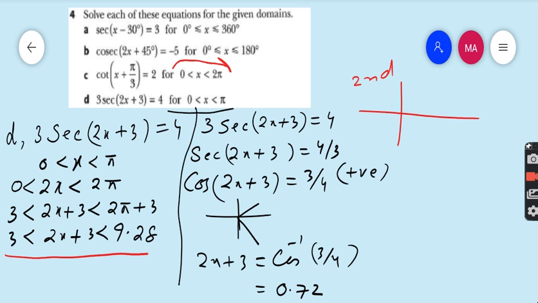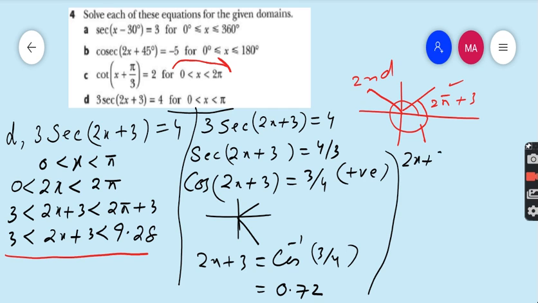Since this cycle is 2 pi, we need to find the value in the fourth quadrant and then, after the second cycle, in the first quadrant. What does it mean? Maybe you are a little bit confused.